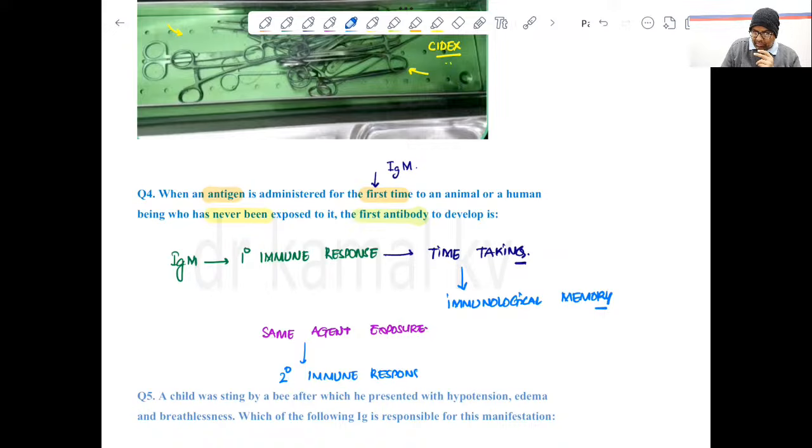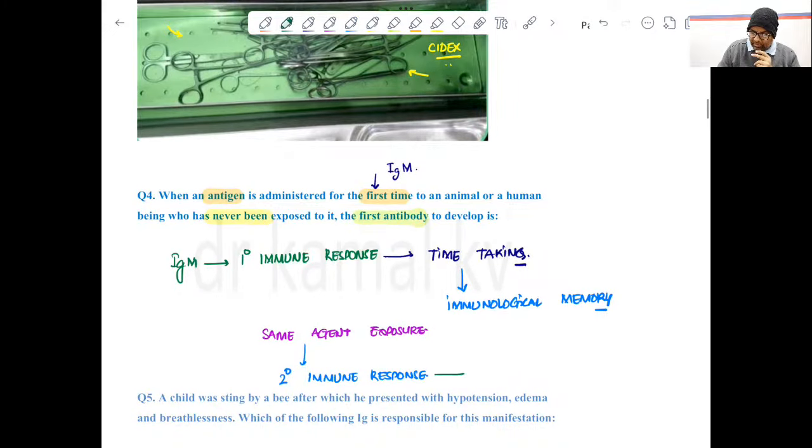And this secondary immune response is very quick. So this is very quick, and this is generated by IgG.